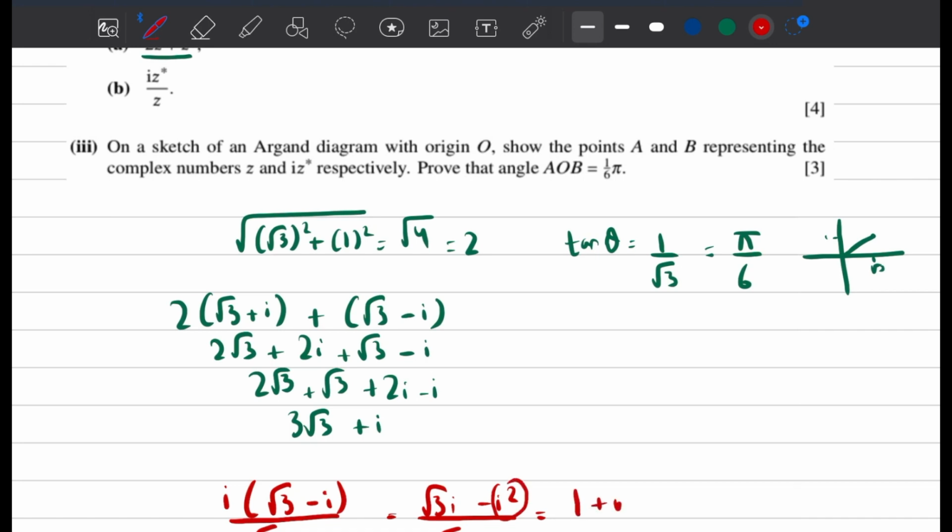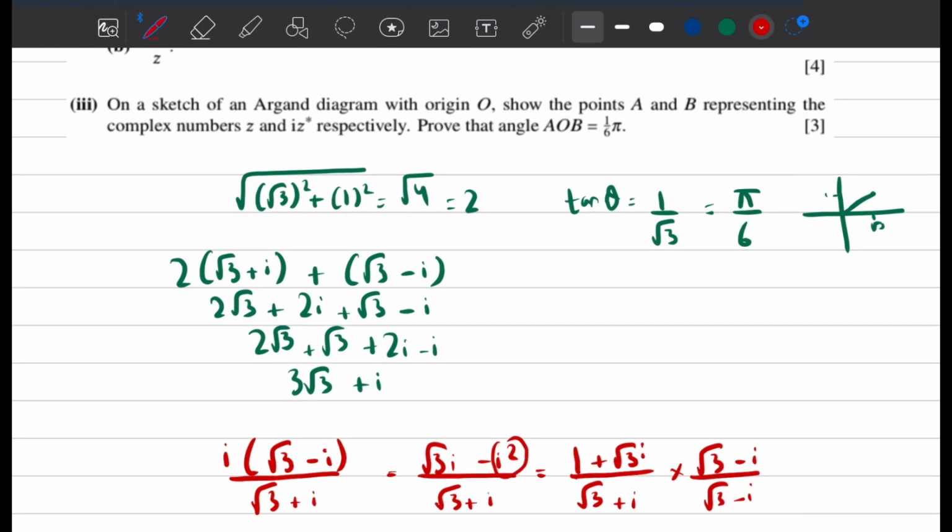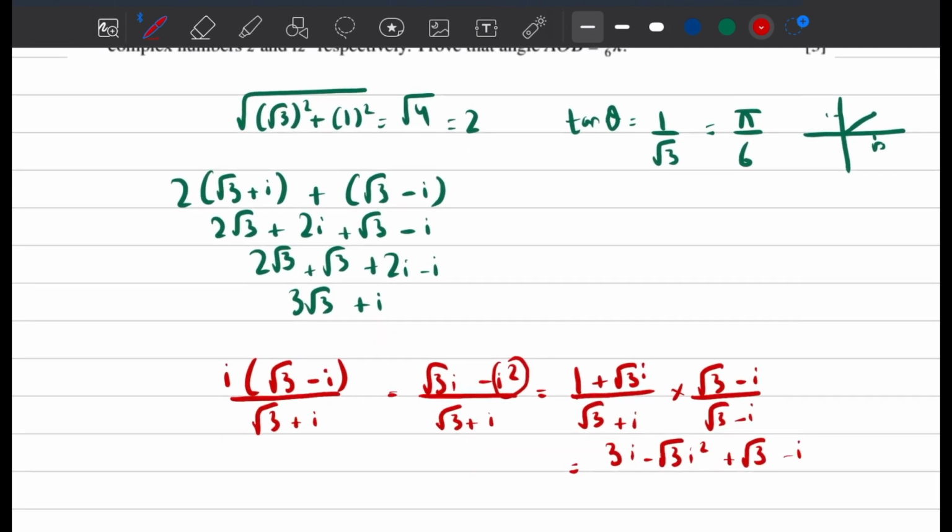So 1 plus under root 3 iota divided by under root 3 plus iota. So I'm going to multiply this by under root 3 minus i upon under root 3 minus i. So it's going to become 3i minus under root 3 i square plus under root 3 minus i.